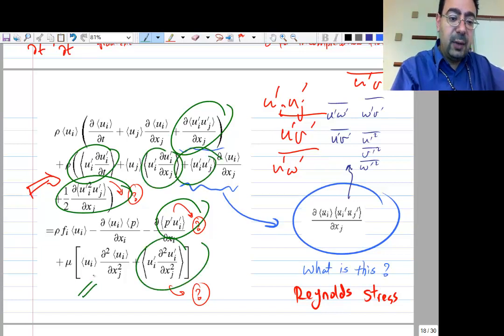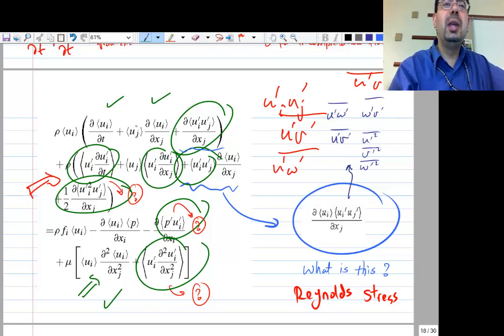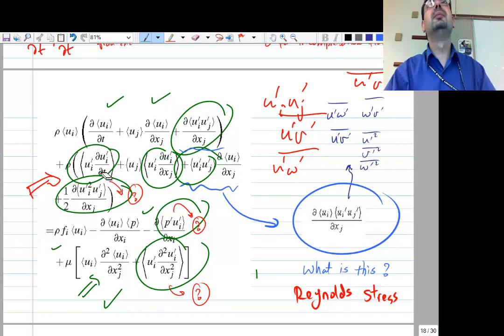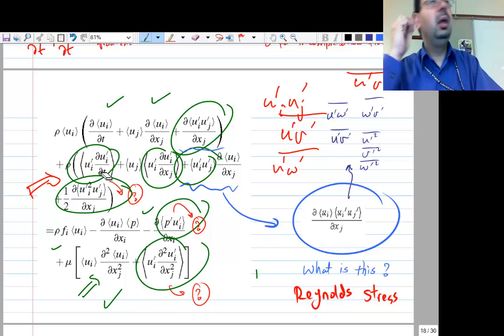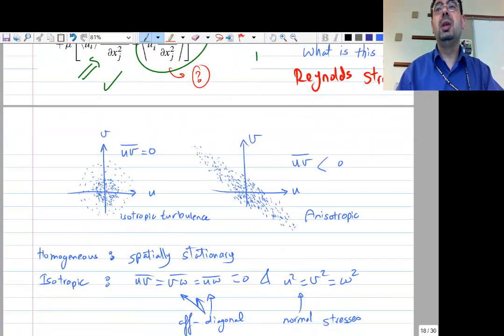See, this is the Navier-Stokes equation: the unsteady term, the convective term, the body force, and the viscous force. Those are okay, right? But those new ones are not okay. So we have two approaches. One of them is called the Reynolds stress transport equation.